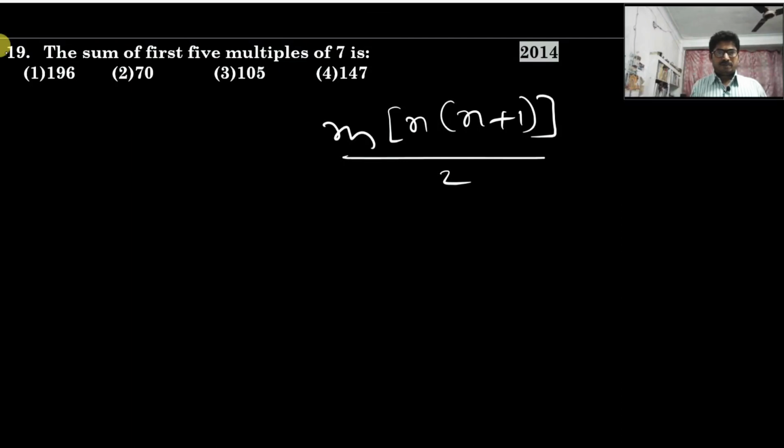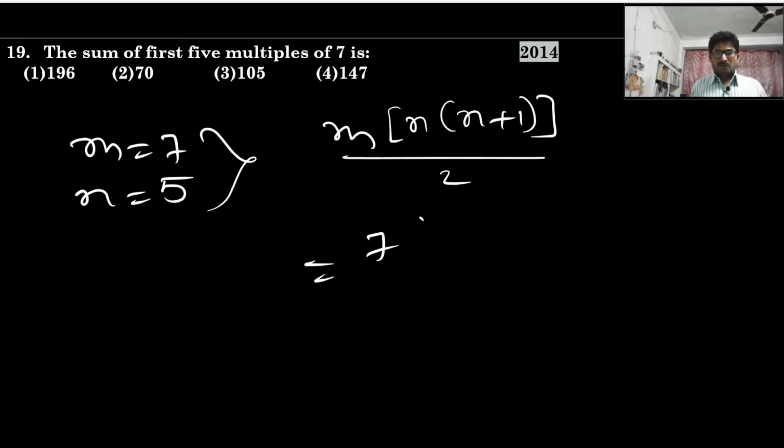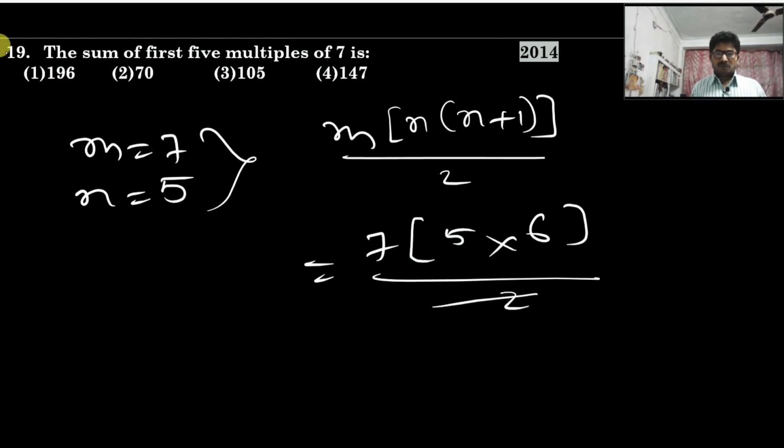In this, m is 7, n is 5. So 7 into 5 into 6 by 2. 2 1s are 2, 2 3s are 6, 5 3s are 15, 15 7s are 105. So option 3.